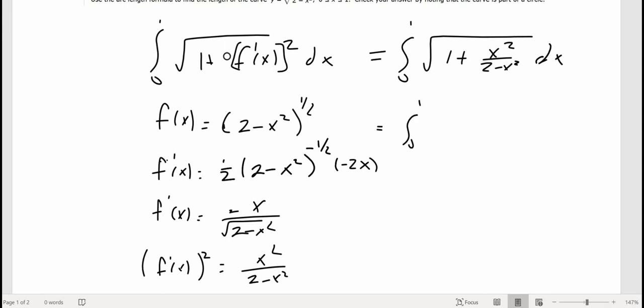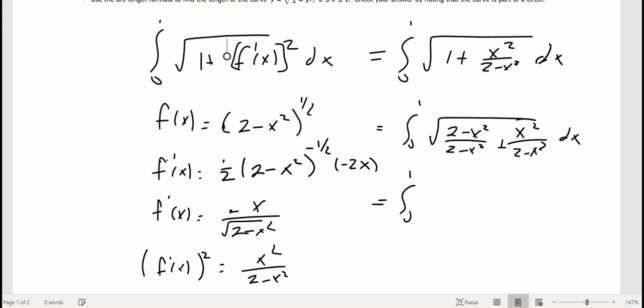And 0 to 1. Now I'm going to go ahead and get a common denominator. So that's going to be 2 minus x squared over 2 minus x squared plus x squared over 2 minus x squared. So when I simplify that, notice the x squared is giving me the 0 there, so we're just going to have 2 over 2 minus x squared.